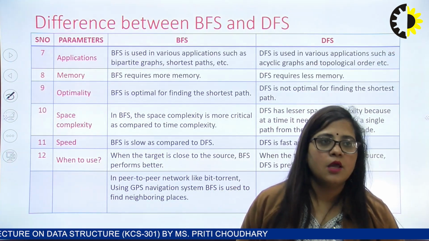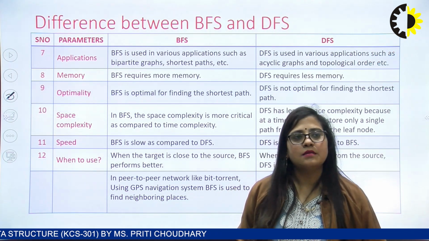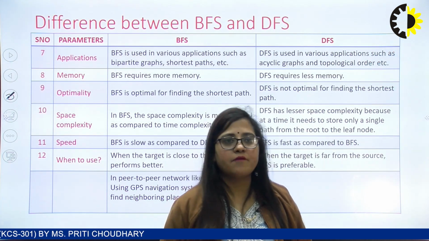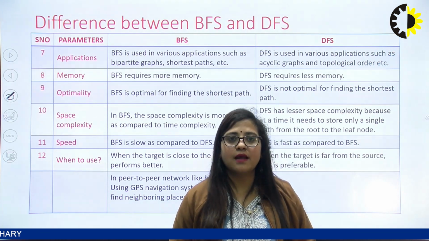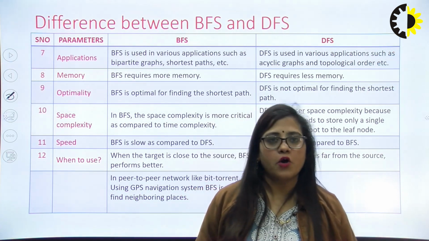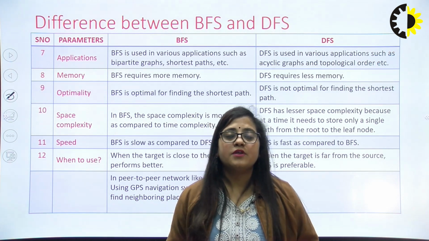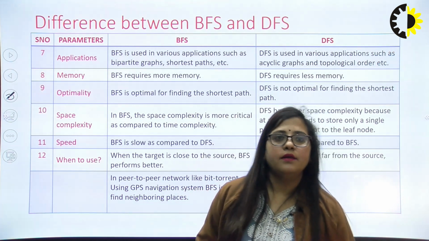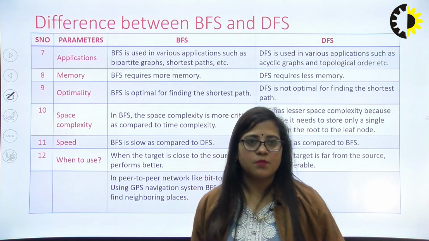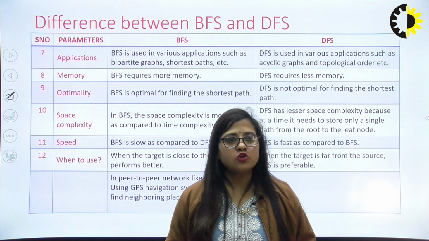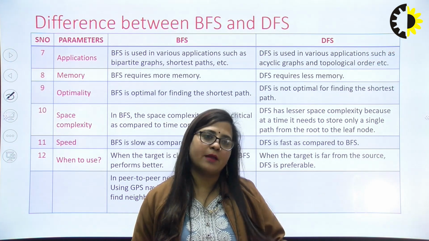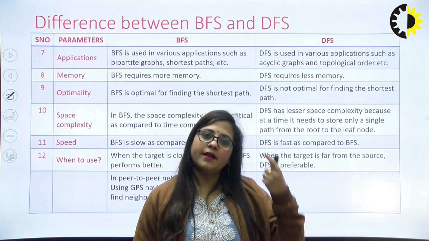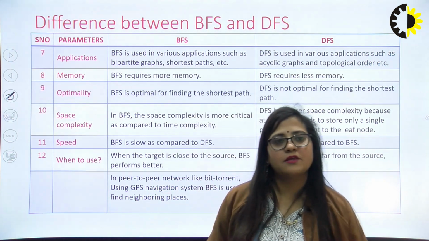For applications, BFS is used in applications such as bipartite graphs and shortest paths, and DFS is used in applications such as cyclic graphs and topological ordering. BFS requires more memory and DFS requires much less memory. Space complexity is more critical than time complexity in BFS, while DFS has lower space complexity.